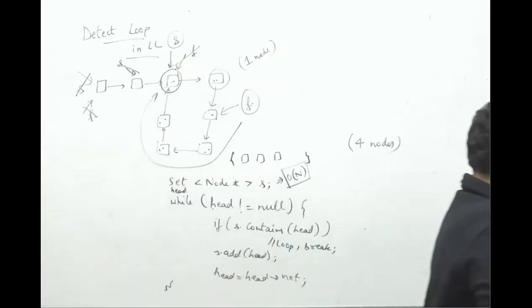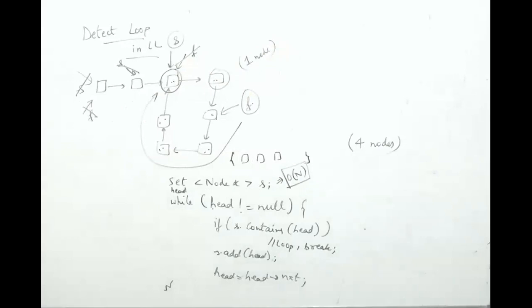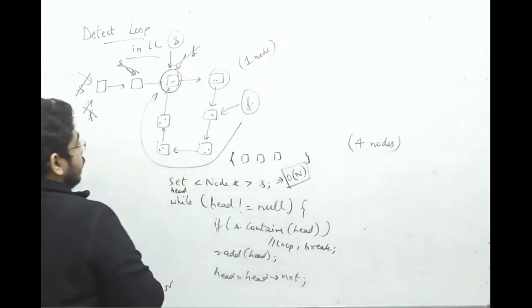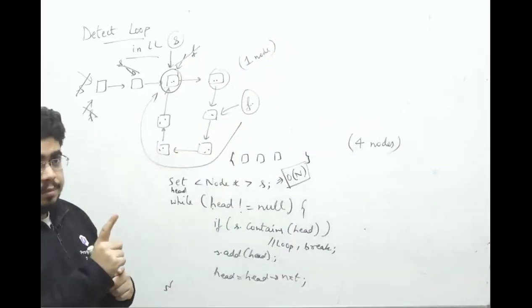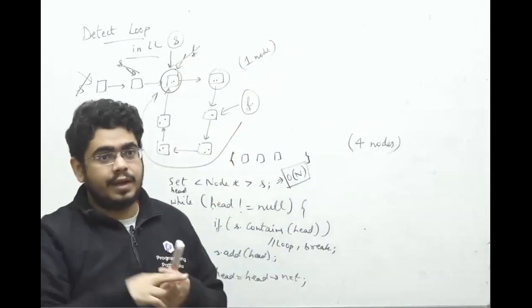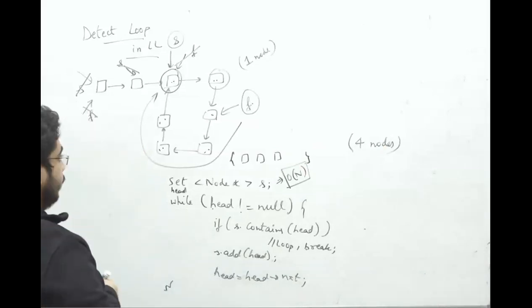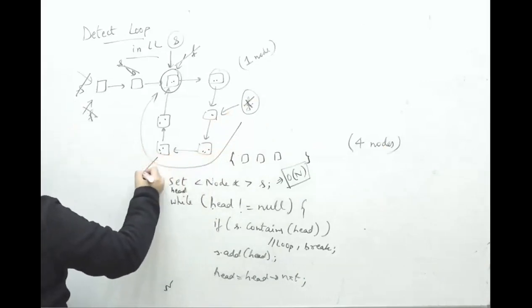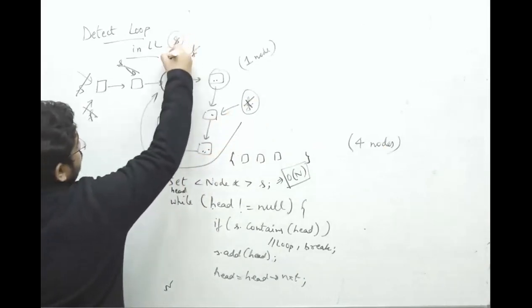Listen carefully here, then you'll be able to get it much better. Everyone with me till now? Okay. Now let's take one more step, move the fast pointer twice and the slow pointer once and see what happens. So the fast pointer moves twice, 1, 2, and the slow pointer moves once here.